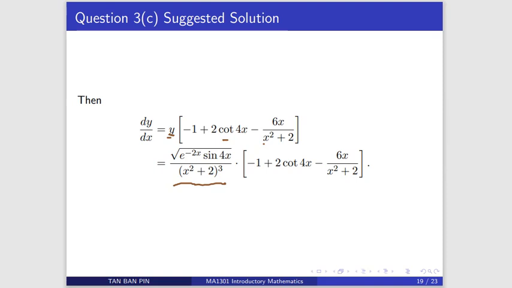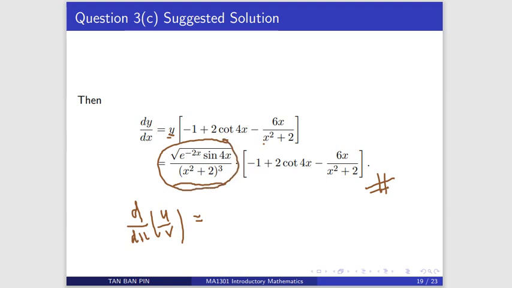So you avoid the quotient rule and the product rule. If a question asks you to take log, then you use it. Otherwise, you can still use the quotient rule to do the differentiation. If the question did not ask you to use log, you can try this out, and you should get the same answer.